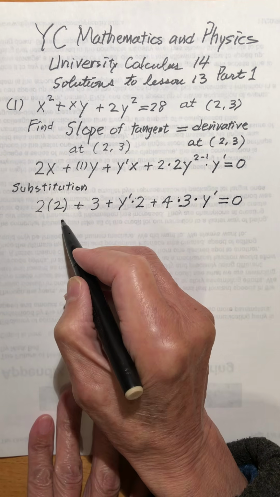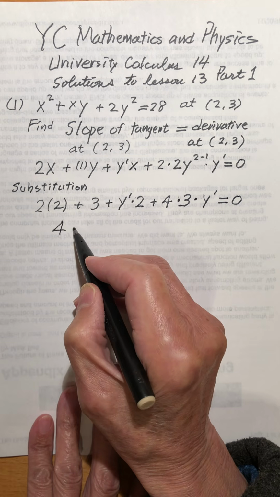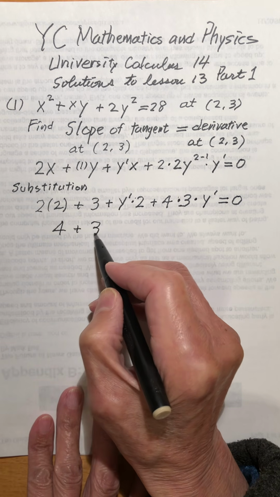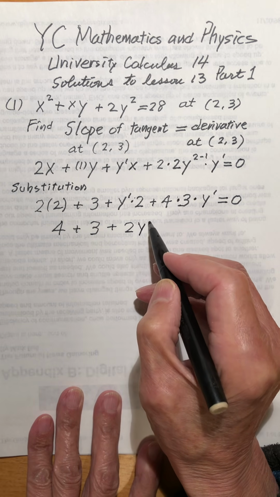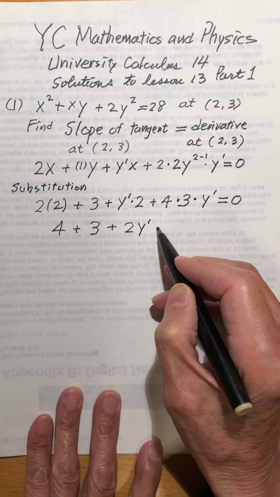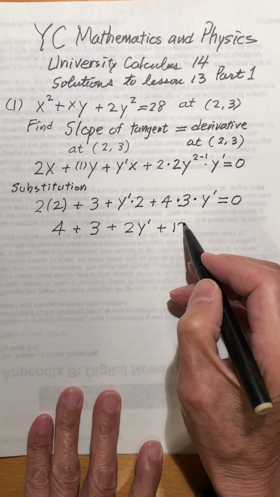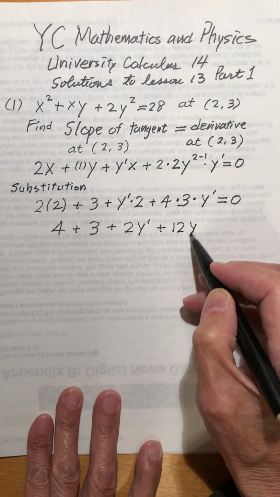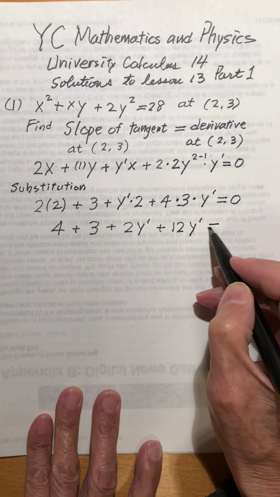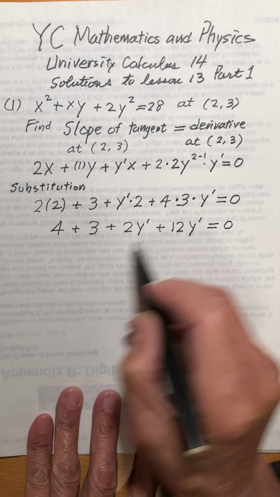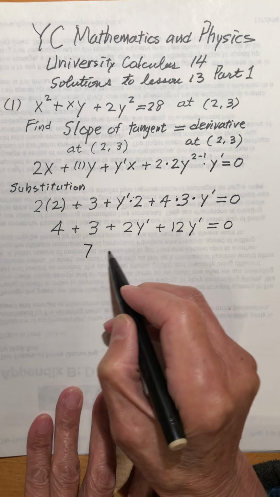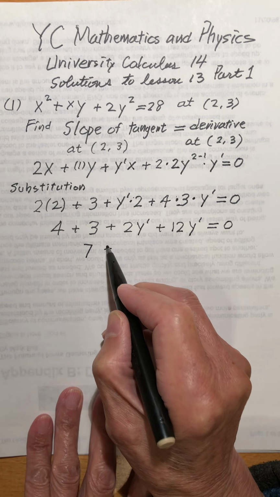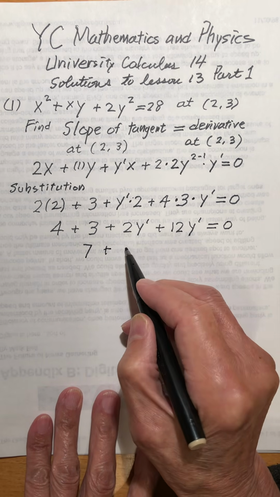So I have 4 plus 3 plus 2y prime plus 12y prime. This is 7. And 2 and 12 is 14.